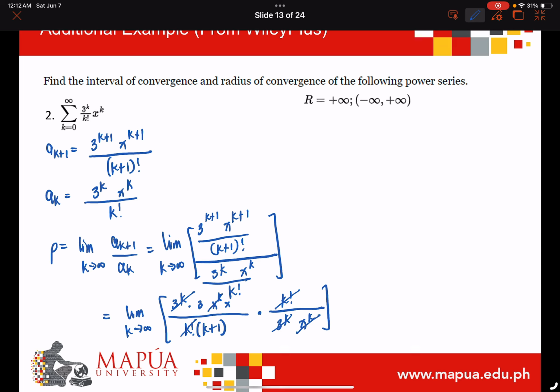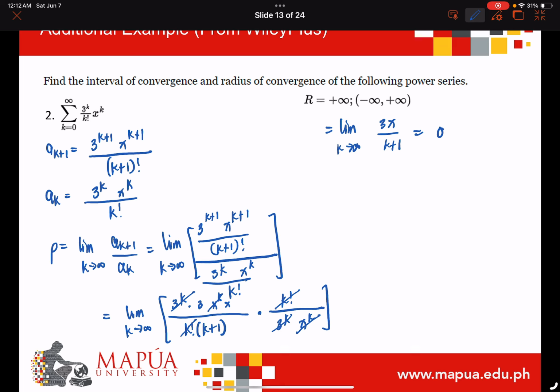So what's left is the limit of 3x over k plus 1 as k approaches infinity. This approaches 0 because we have 3 over infinity, so 3 divided by infinity would approach 0.